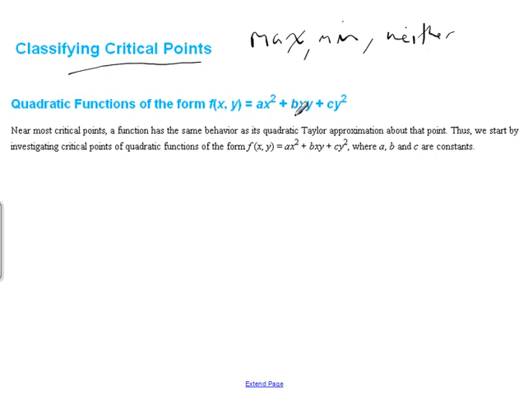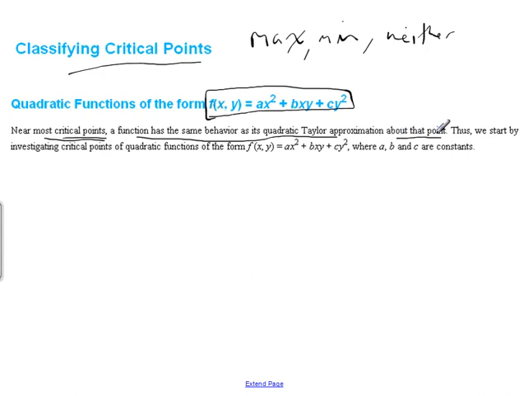So what we want to do to open up this idea is think about a quadratic function of the form ax squared plus bxy plus cy squared. And we know that near most critical points, so near most local max and mins, a function is going to have the same behavior as its quadratic Taylor approximation about that point.